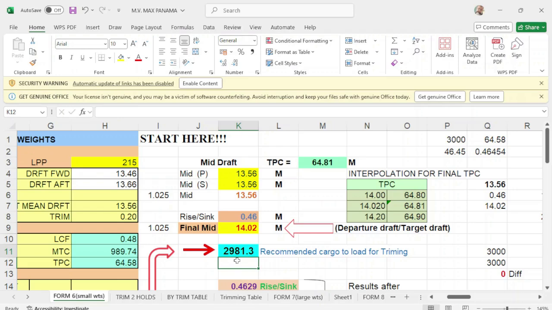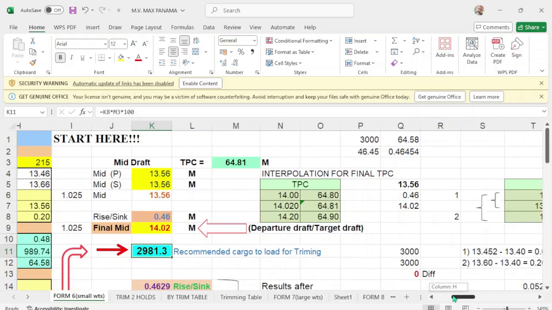Now look here. Our target, our remaining cargo to load is 3,000, right? And the recommended cargo to load is 2981. You put here 2981.